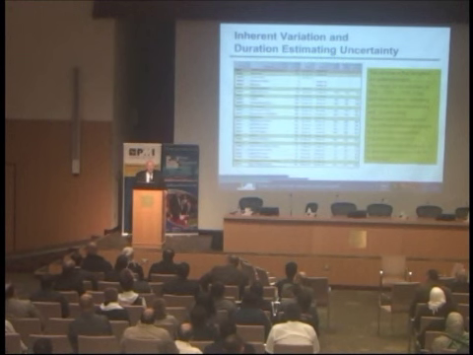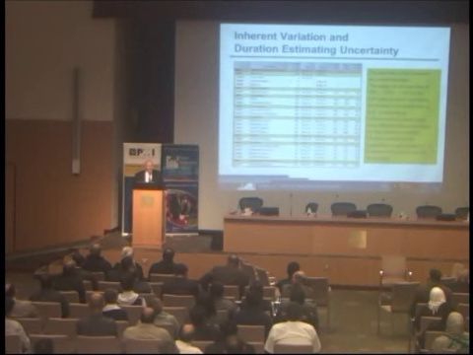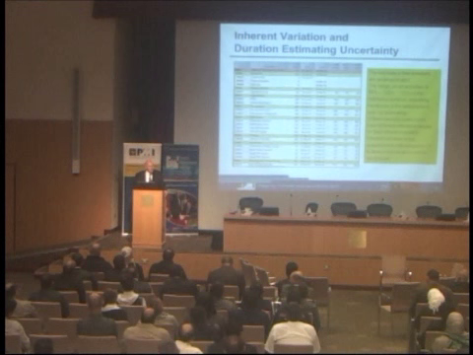So even if you have small variations because of inherent variability, you're going to have risk. And you will be surprised to know that, in fact, you may have a lot of risk, enough risk so that the duration in the schedule is very unlikely to occur.